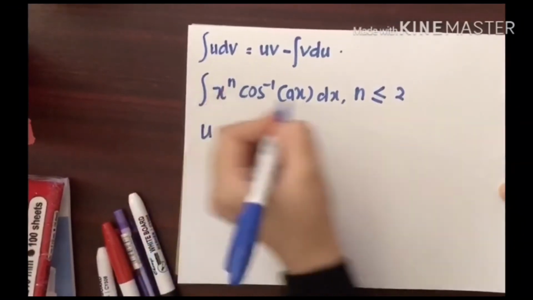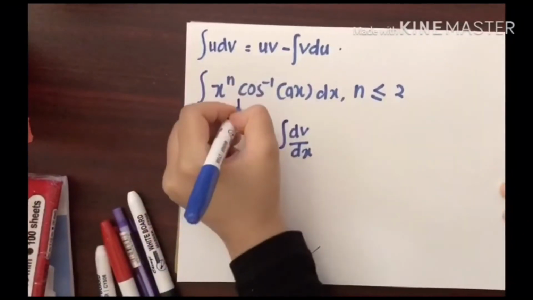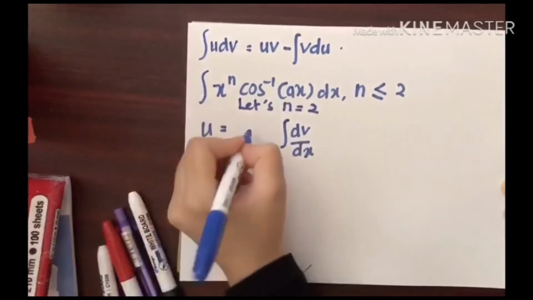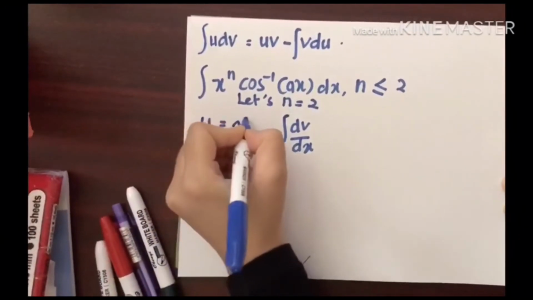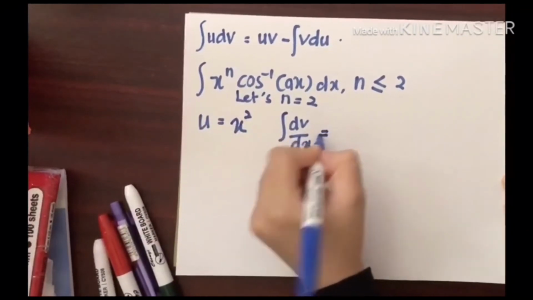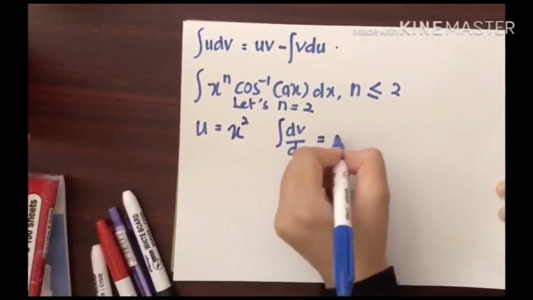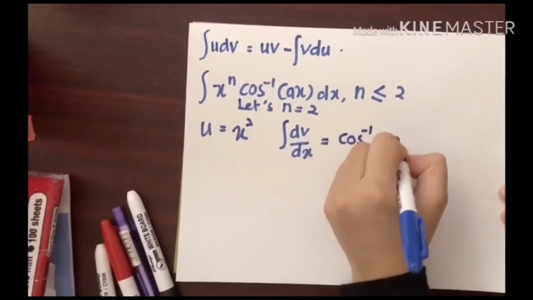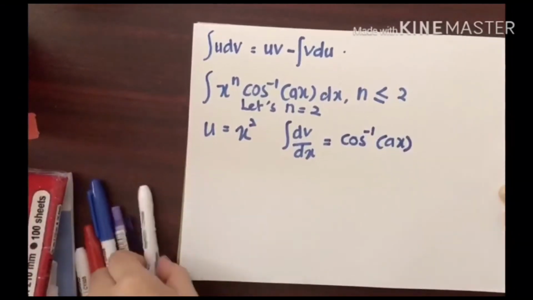So let n equal to 2. So u is x to the power of 2, and dv over dx is cos inverse ax.